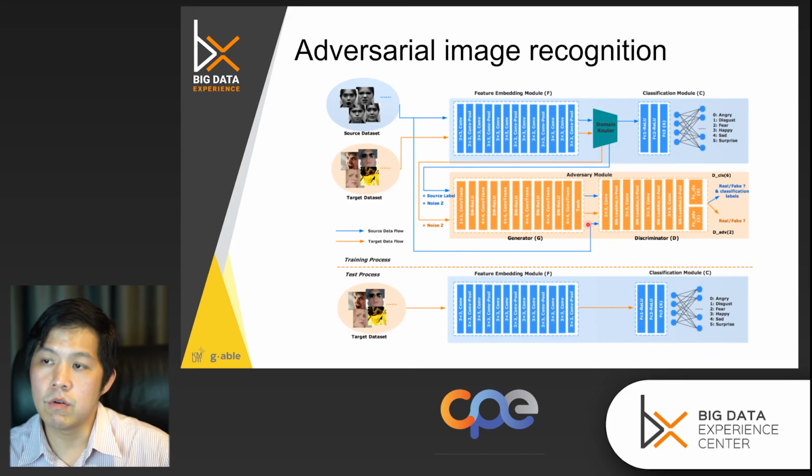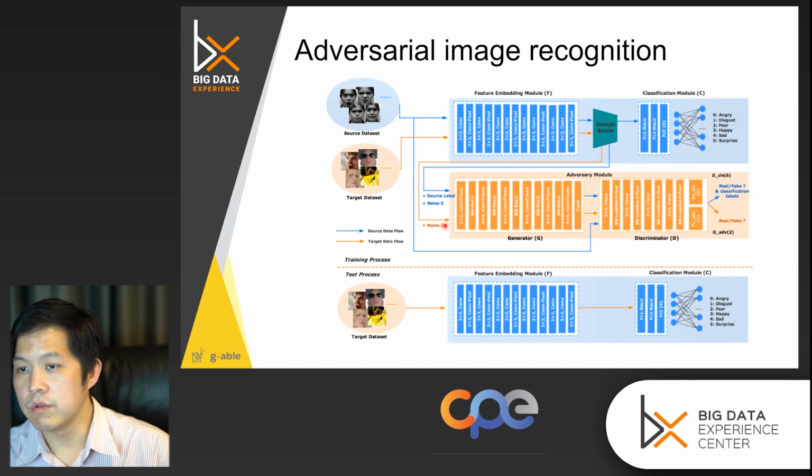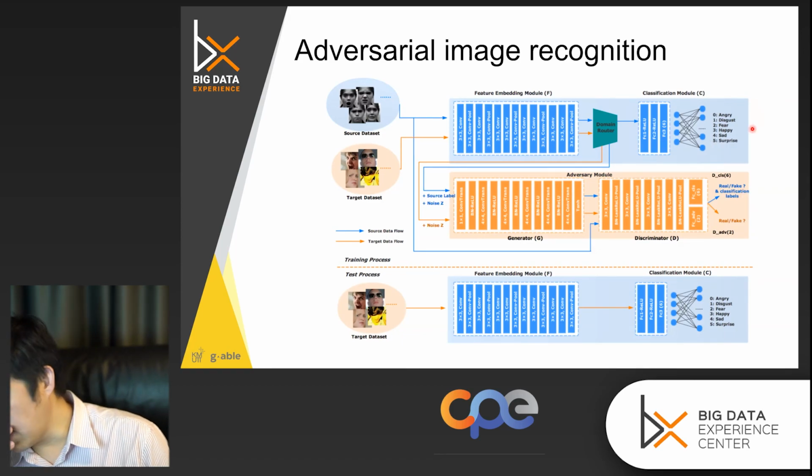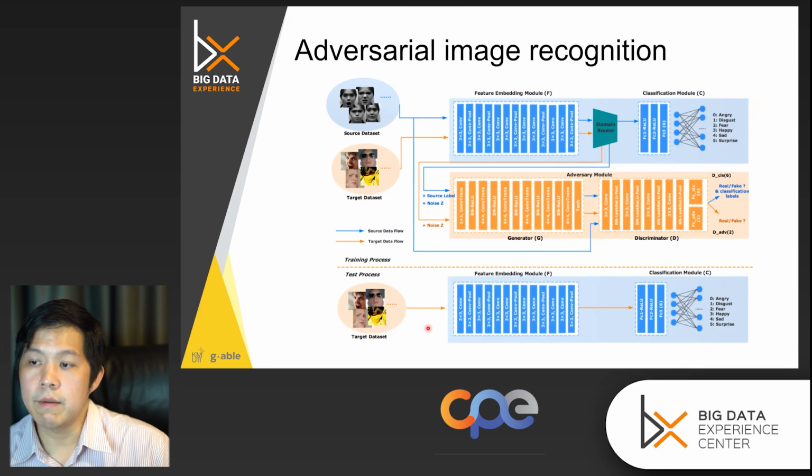And the adversarial module would contain the image from the source class, to use the source label and the noise here as well, to train the adversarial to classify whether this is real or fake, with the class here as well. And when you have the data coming in, you can use it to perform classification using just the above part, right?